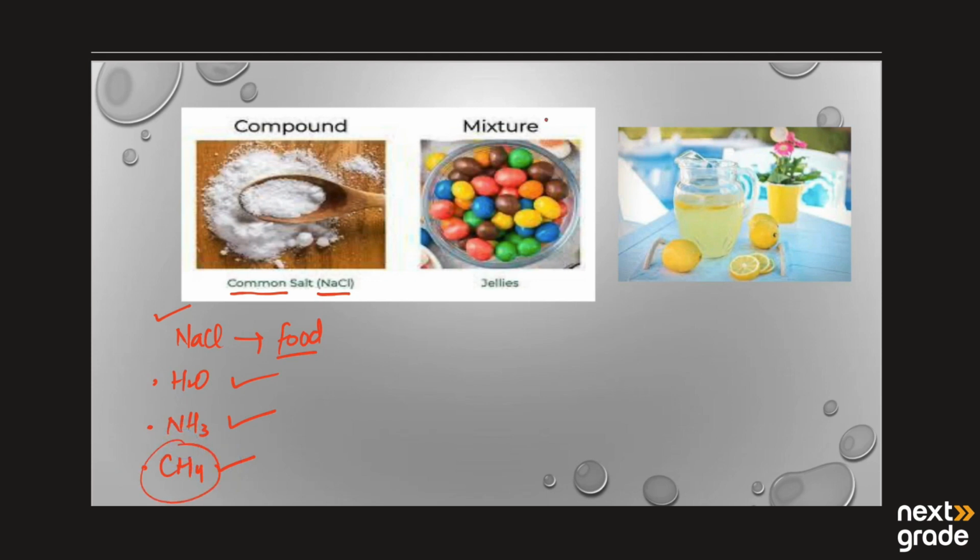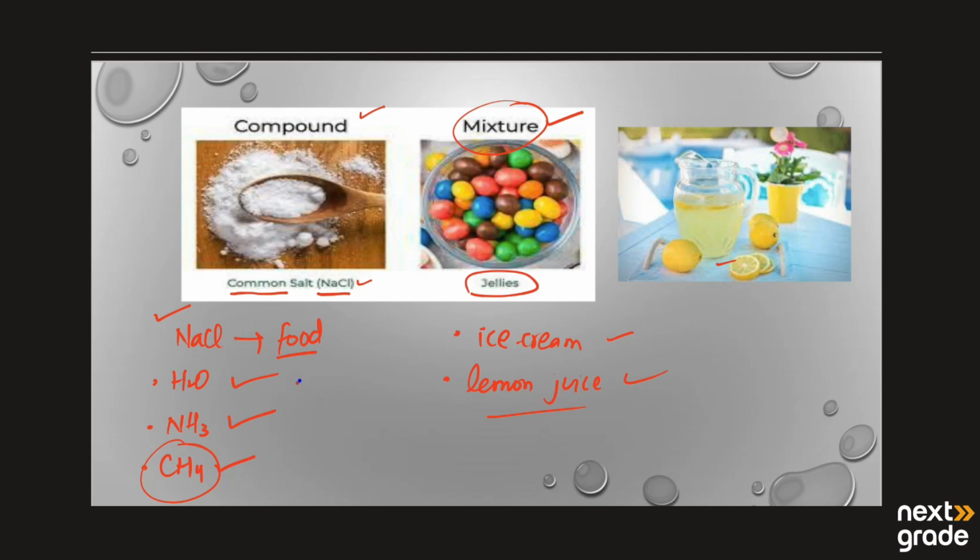On the other hand, examples of mixtures are jellies, ice cream, and lemon juice. All these are examples of mixtures. A mixture is formed by simple mixing up, whereas in a compound the elements are combined in a fixed ratio and always combined chemically.